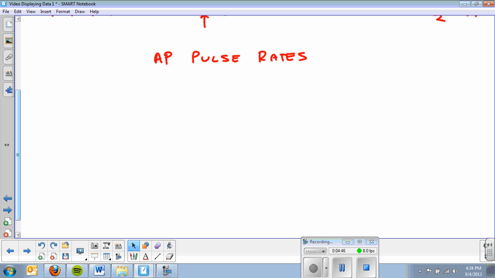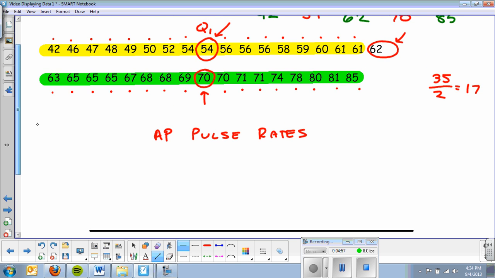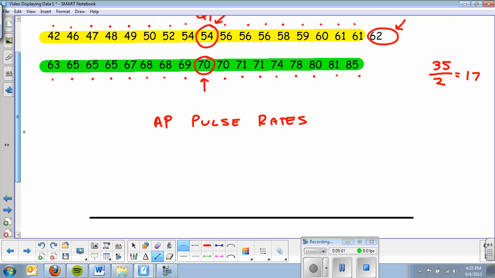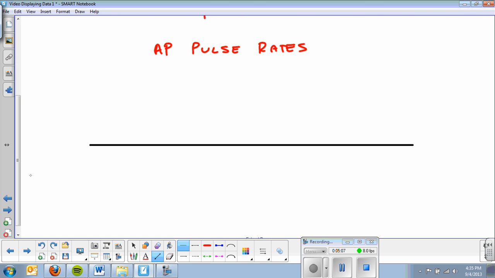Alright, I need a number line, a scale. So there is my number line. Now to make this easy, I'm going from 42 to 85, same as before. I could go up by 2s, I could go up by 5s. For the sake of time, I'll go up by 5s.